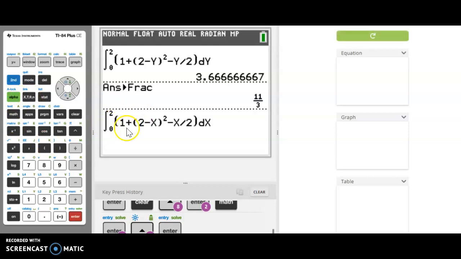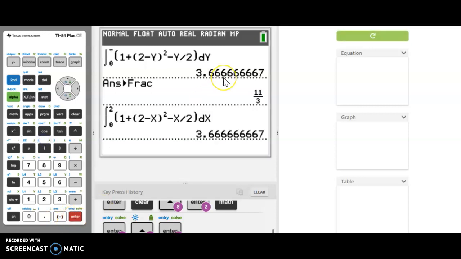So notice this integral is exactly the same as that one, except for instead of X's, it has Y's. And if I hit enter on this, bam, it gives me the same thing. So I think it's actually good for me to show you the Y's so you don't get confused with why I was doing Y's and then suddenly X's, right? But just know that we can use whatever variable we want on this integration when we are doing it in the calculator.